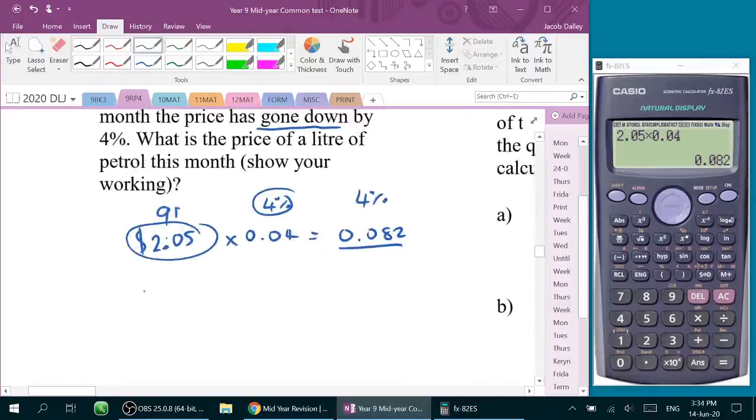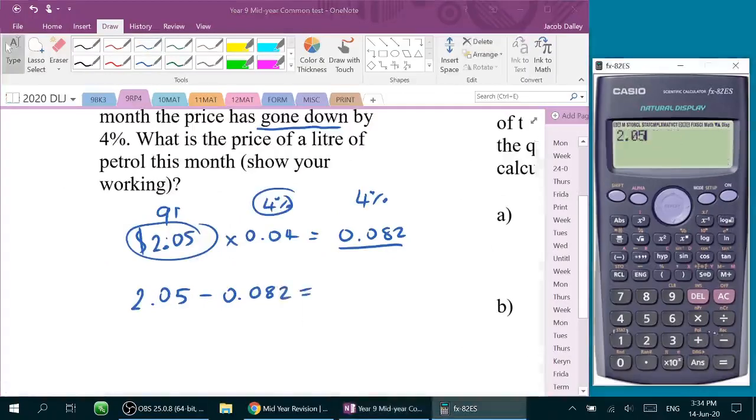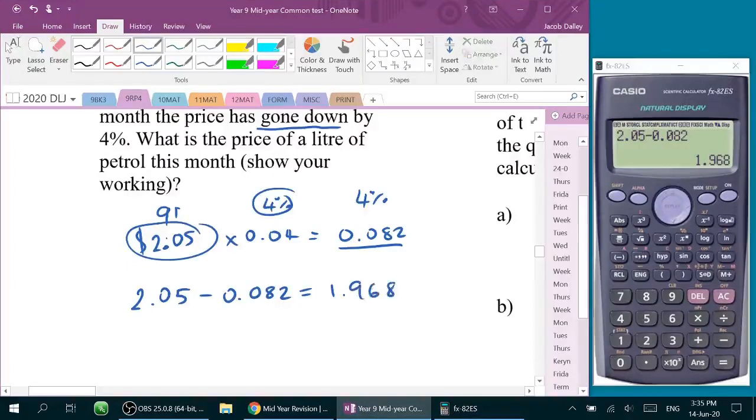So we just take our 2.05 and we're going to subtract it away. So 2.05 minus 0.082, use our fraction to decimal button, it's going to give us 1.968 dollars, and I guess it's per litre of fuel.